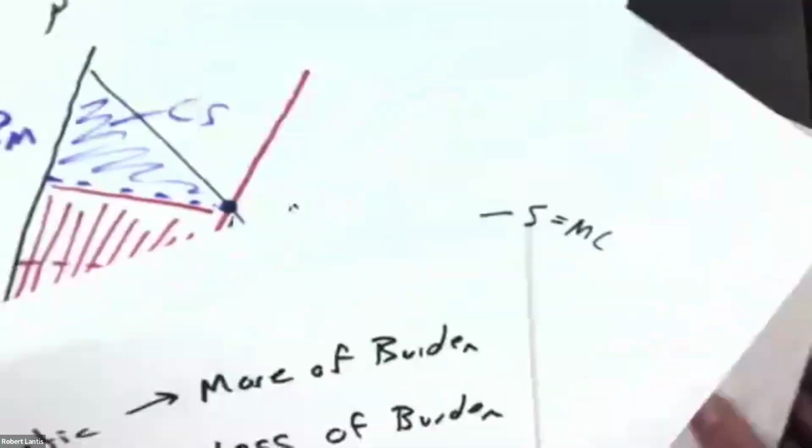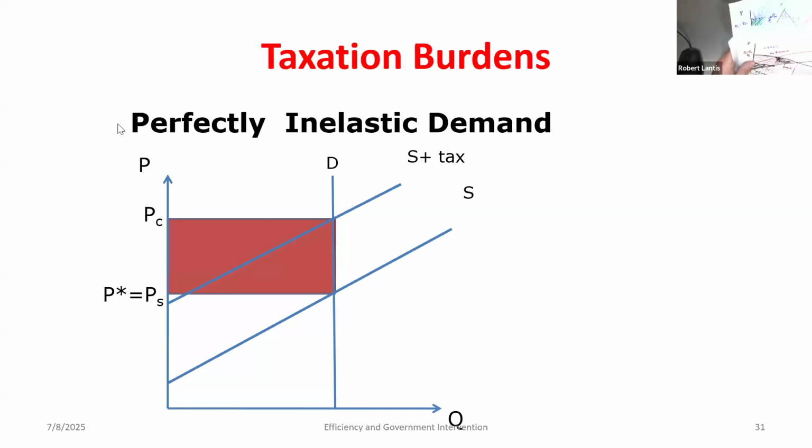Sorry. So when we had perfectly elastic demand, what were we getting from that same tax? Well, now deadweight loss is going to be relatively large, and we're going to have not quite as much tax revenue. Okay. So there's this trade-off between elasticities, when demand is more or less elastic, between deadweight loss and total revenue.